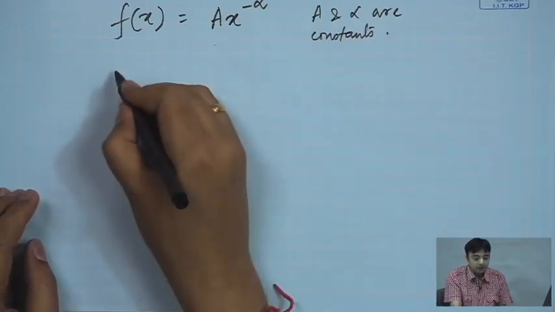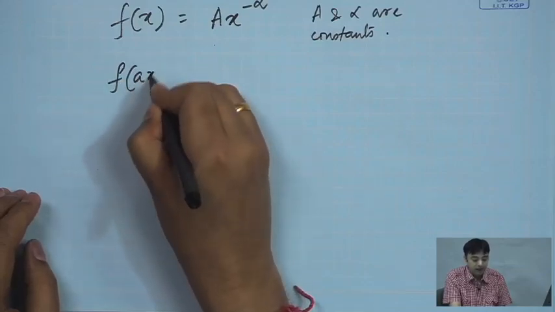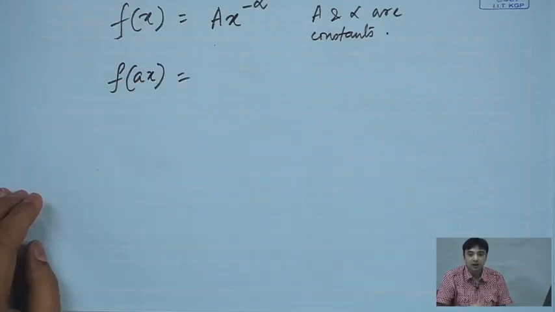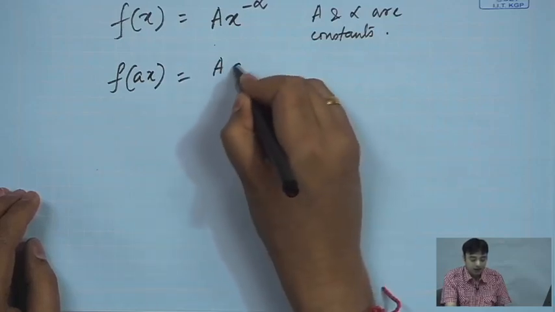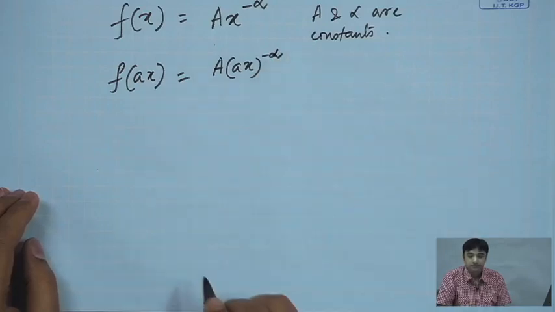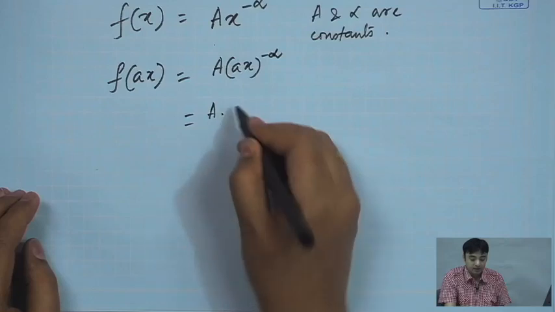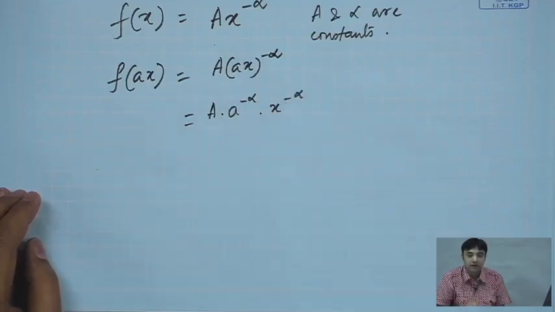Okay. Now, let us say we have f of a x. This should be nothing but a times a x to the power minus alpha. So, this can be rewritten as a into a to the power minus alpha into x to the power minus alpha.